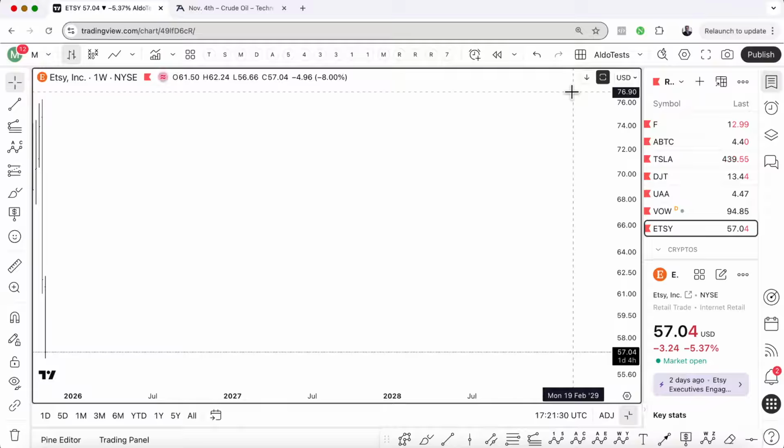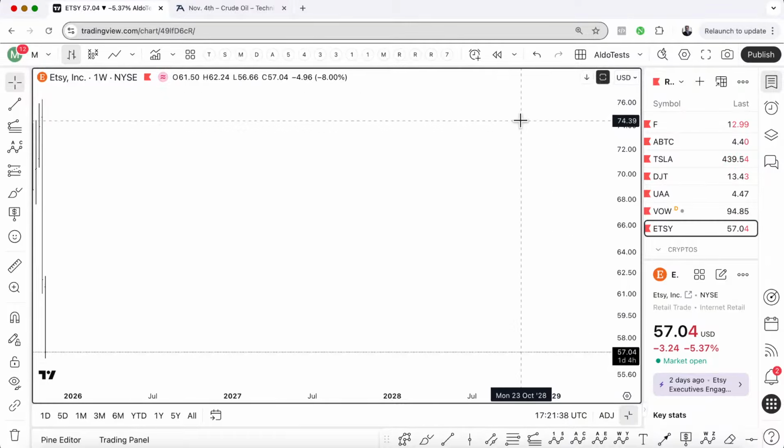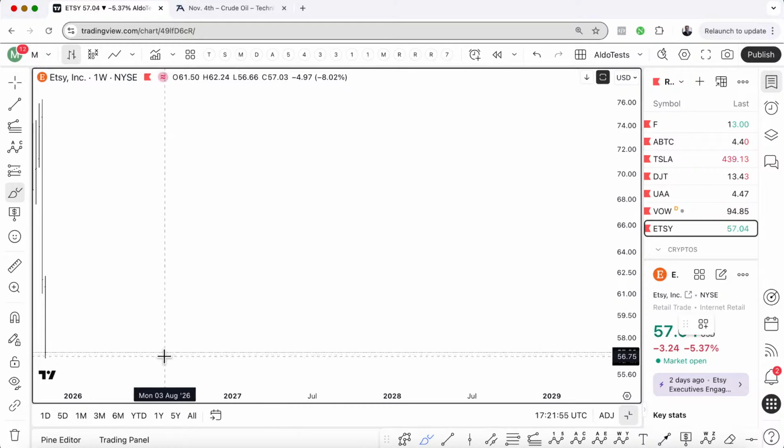Now, here is one of the keys for when you are labeling a chart. A very practical thing. Something that is not part of the official theory of the wave principle. But it's a guideline that I call the Aldo guideline, because I have been the only one who promotes it.